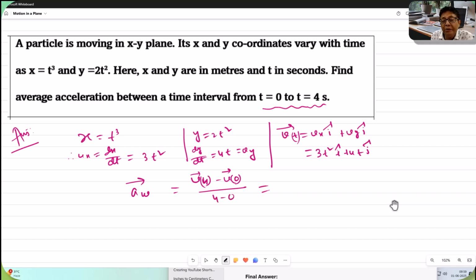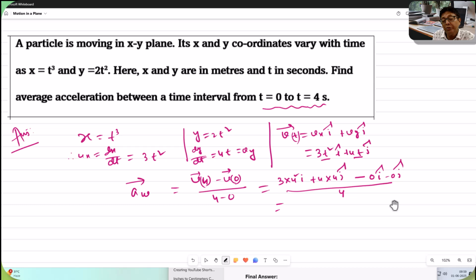What is v4 here? You put 3 into 4 square i plus 4 into 4 j, and at t equal to 0, both the parts will be 0, 0i, 0j, divided by 4.